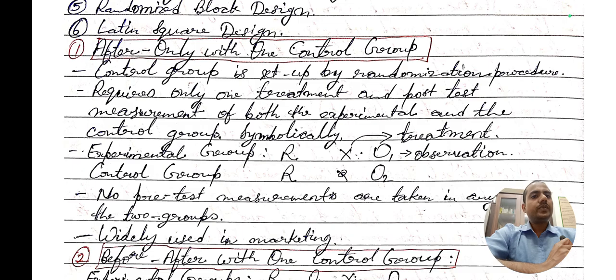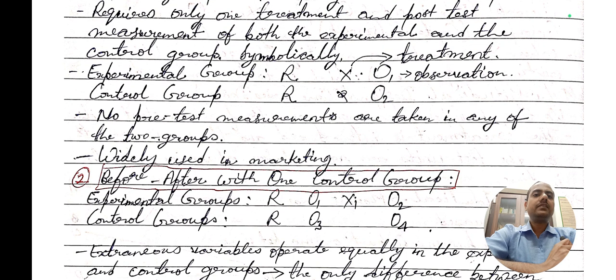The control group is set up by a randomization procedure. It requires only one treatment and a post-test measurement of both the experimental and the control group. Symbolically we can represent this as we can observe on the screen: the experimental group has been provided the treatment, and then the observation has been taken.